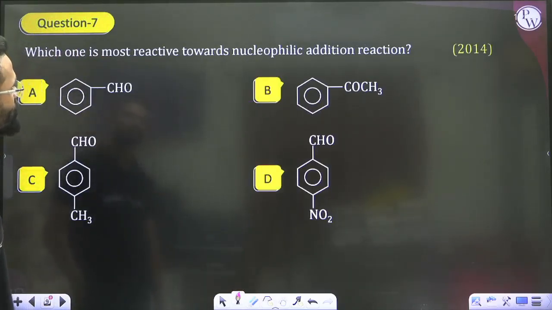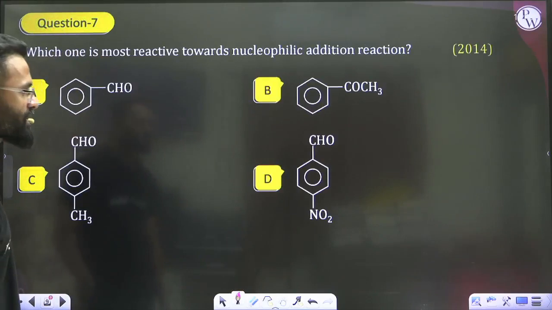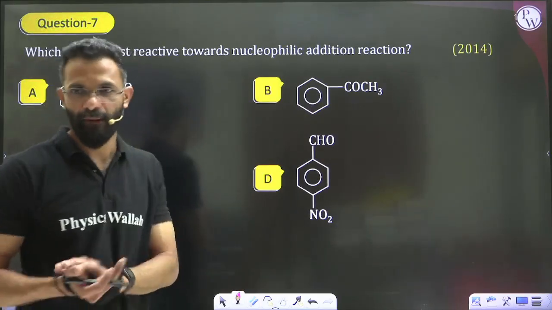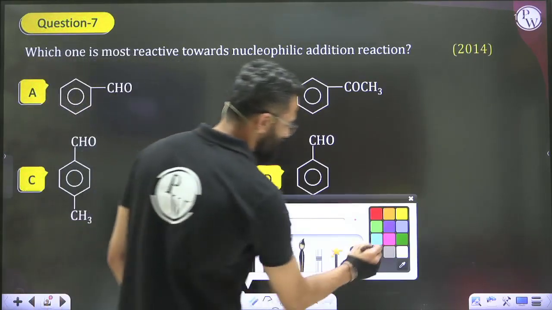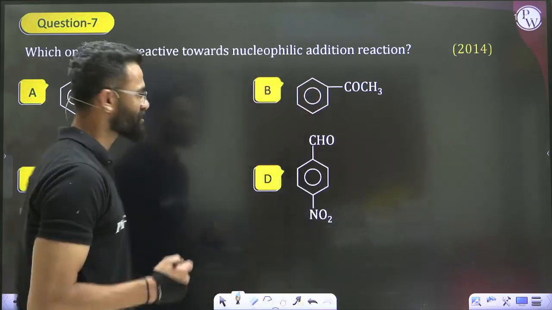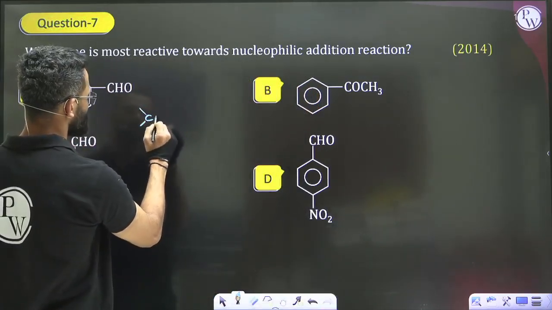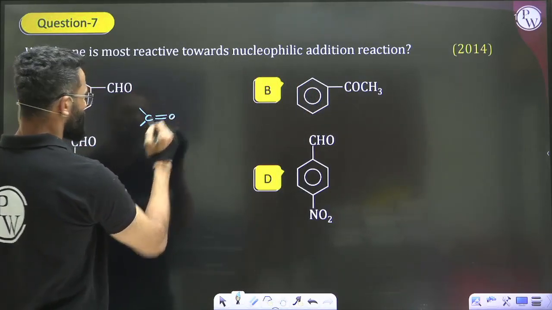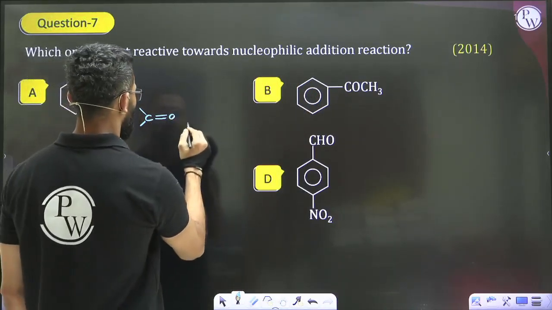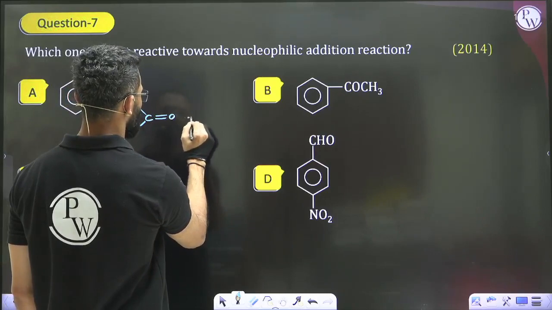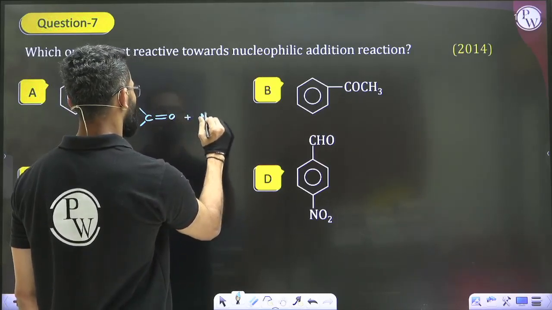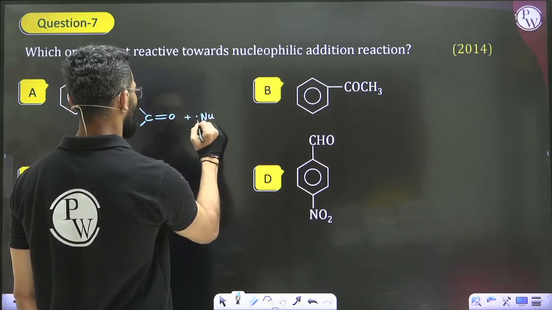Which one is the most reactive towards nucleophilic addition reactions? 2014 question this is. Okay, everyone, let us see the general mechanism, a concept to understand this question. So let's say we have some carbonyl compound, and we allow this to react with a strong nucleophile, let's say an anionic nucleophile.